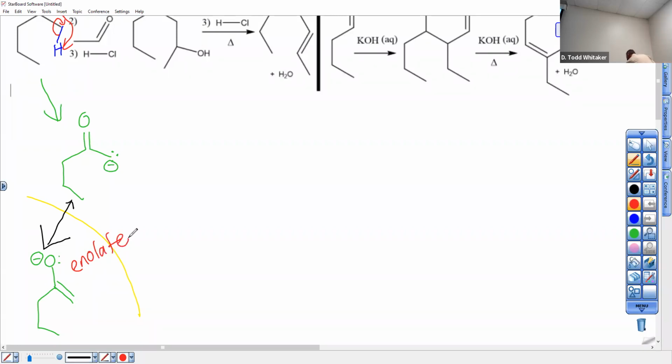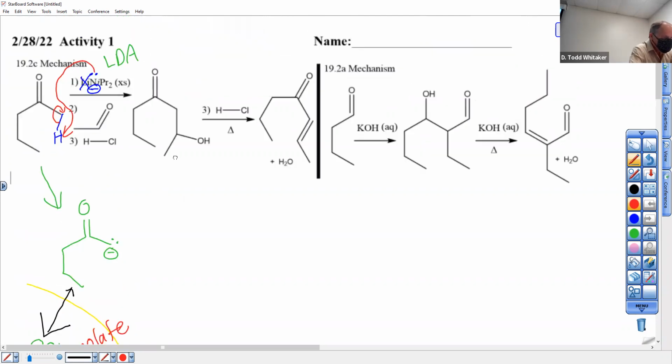And we have enolates, and they are reactive nucleophiles that will attack many things. This nucleophile will attack this carbonyl that we add in step 2. Step 1's over, by the way.